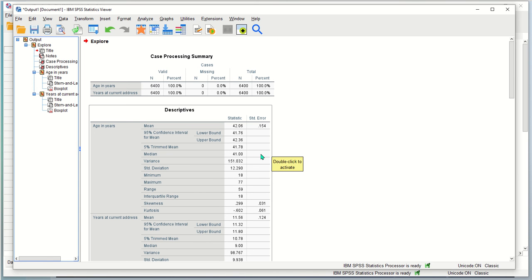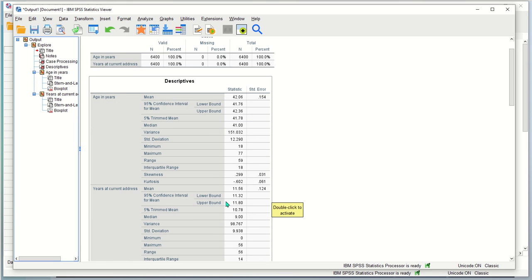A trimmed mean is what the mean would be if you trimmed the top and bottom 2.5% of cases off of your data, and that would be what you would be left with. 41.78 would be the mean instead of 42.06. And this can help eliminate extreme outliers. And it also produces your median, variance, standard deviation, and so on.